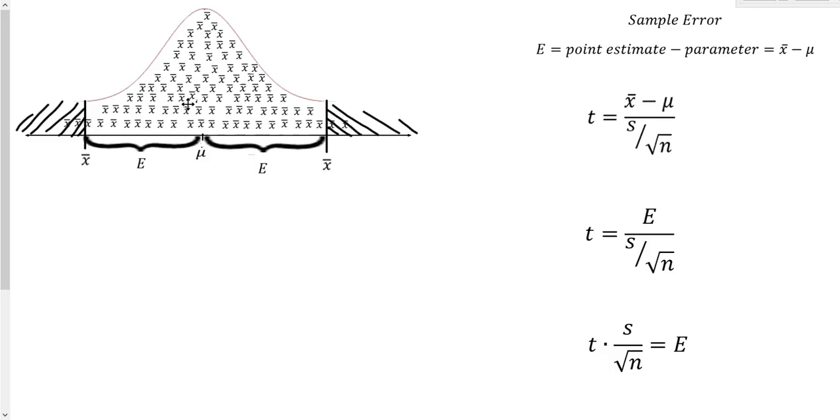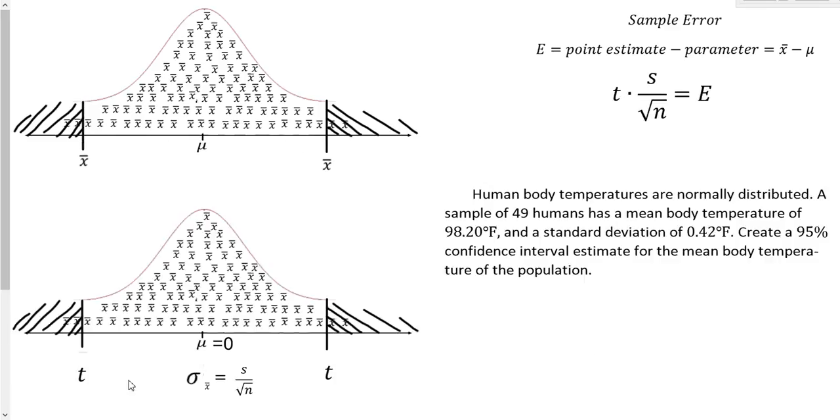Now, once you have created that interval, there's going to be a certain confidence that you have captured mu, okay? And that confidence level is actually going to be shown around mu.